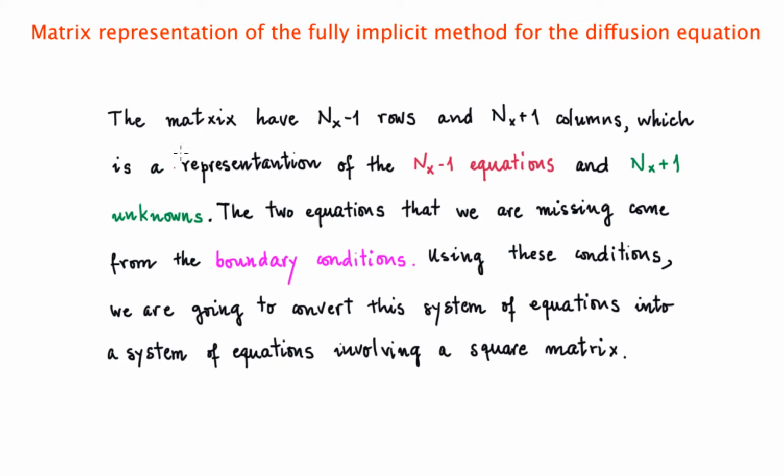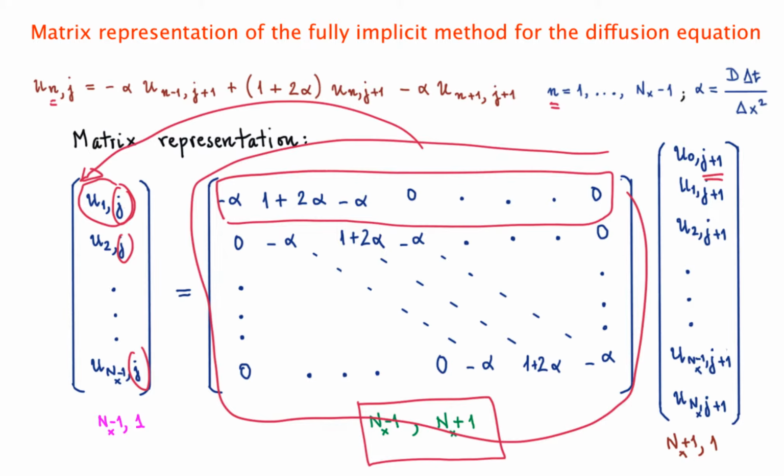So the two equations that we are missing come from the boundary conditions. And using these boundary conditions, we are going to convert this system of equations into a system involving a square matrix. So the strategy is to use these boundary conditions in order to convert the previous matrix into a square matrix.